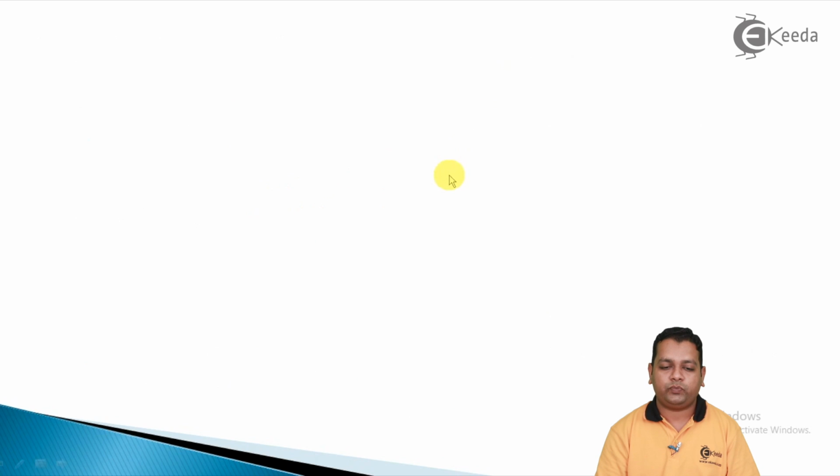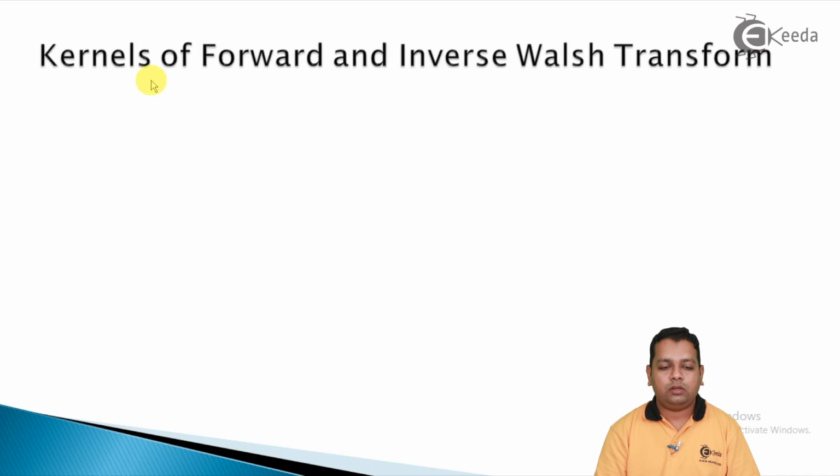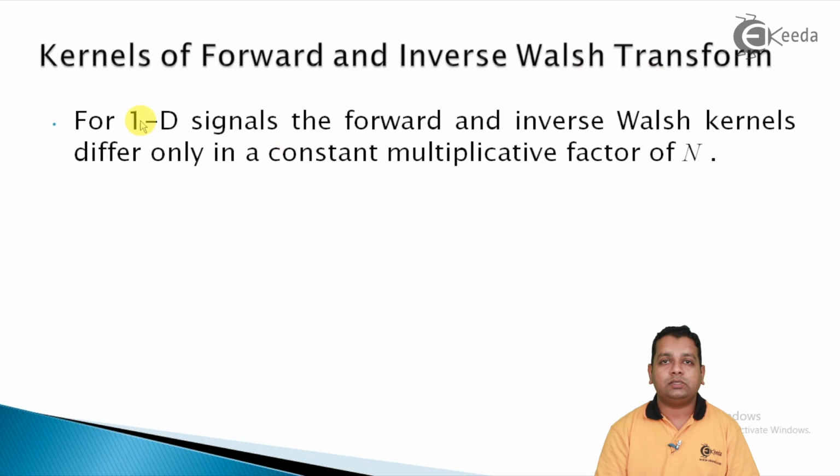Talking about the kernels of the forward and inverse Walsh transform, for a one dimensional signal the forward and inverse Walsh kernels differ only by a constant multiplicative factor of n. So whether we go for the forward or the inverse transform, the transformation matrix has a very simple change, a factor of n.